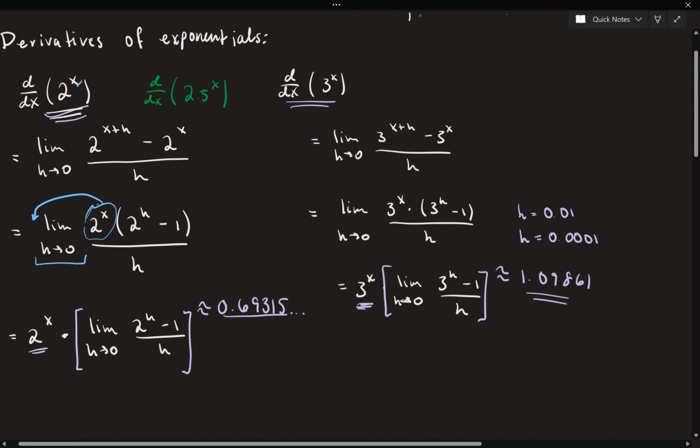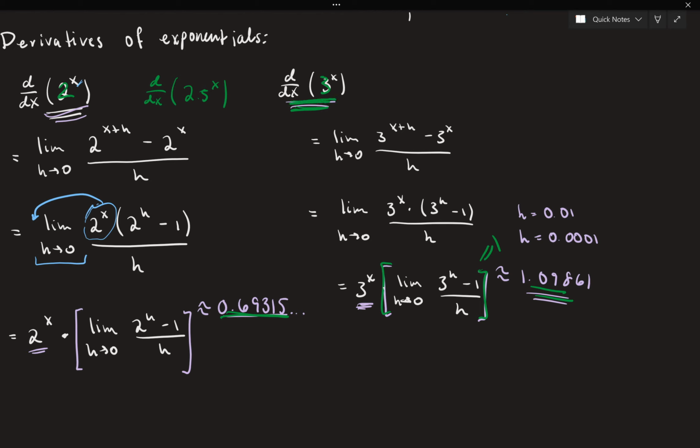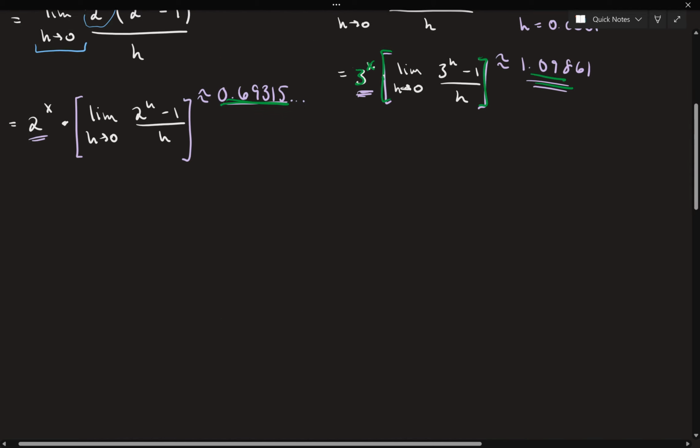There should be a number in between where this limit ends up being between 0.69 and 1.09. There should be a number which gives me 1 as this limit. In which case, that function has a derivative of itself, because it would give me the original function back times 1, if that limit is 1. So you can do the same thing if you do the derivative of 2.5 to the x.